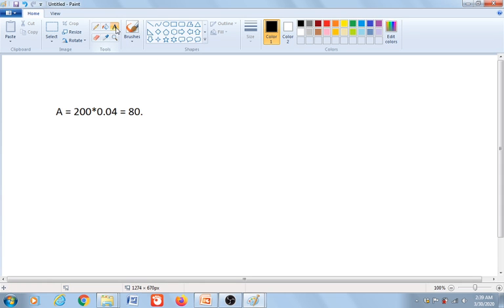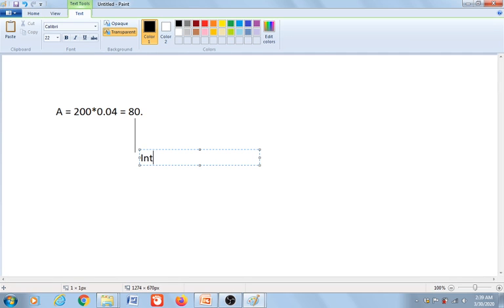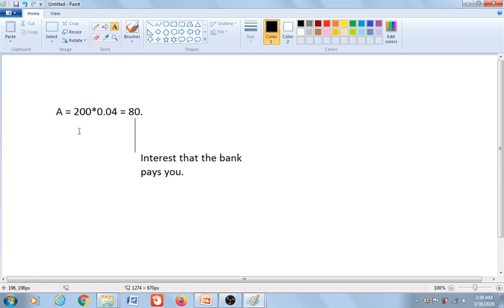Because what? Because the $80 is just the interest that the bank pays you. So you just take the interest every year, and your balance will still be $200.